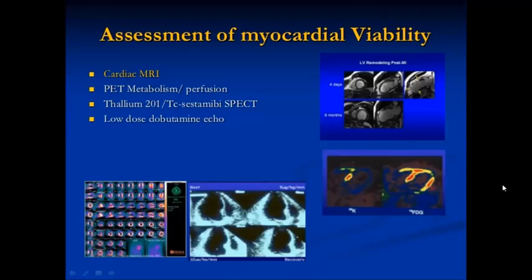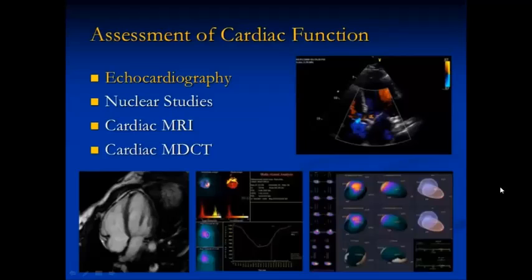So start with cardiac MRI. Proceed, if you have such possibility, with nuclear medicine, with PET metabolism and perfusion study with thallium, and if you have no possibility to administer cardiac MRI or PET, then use ultrasound examination.